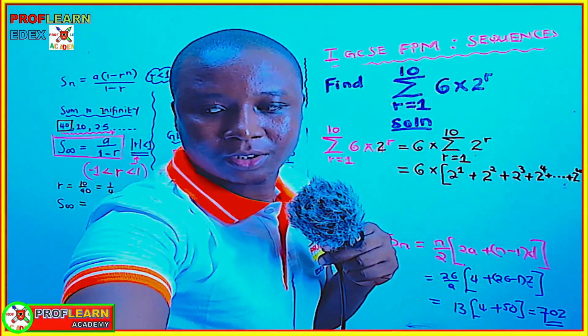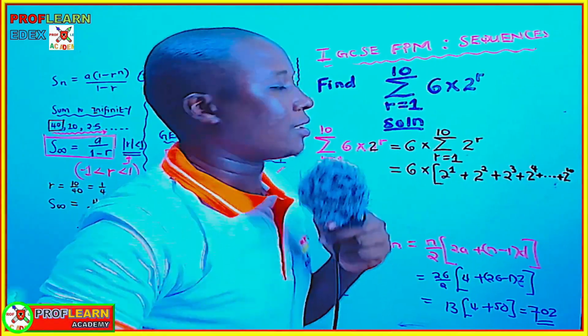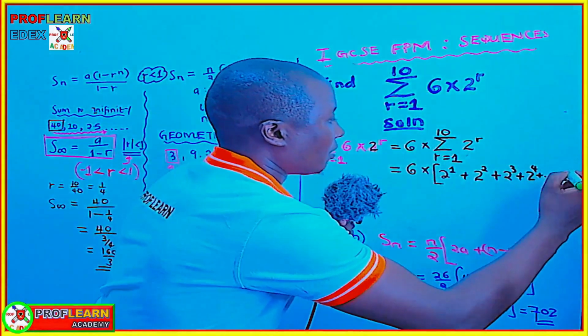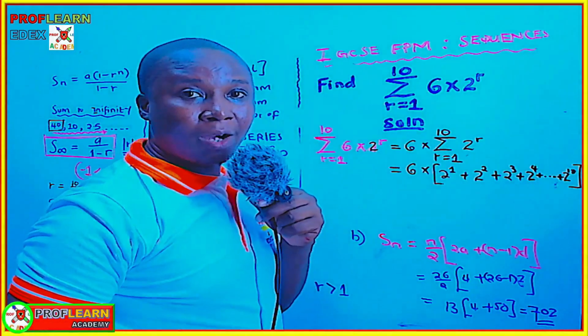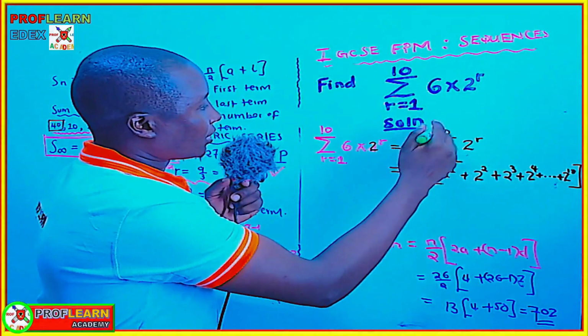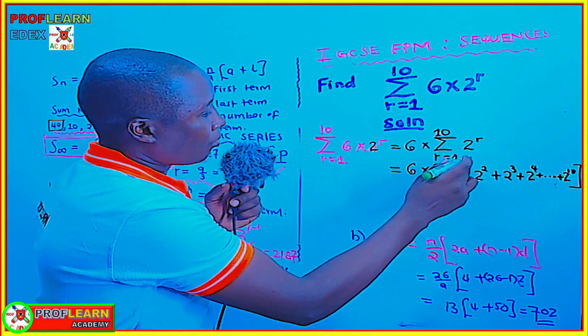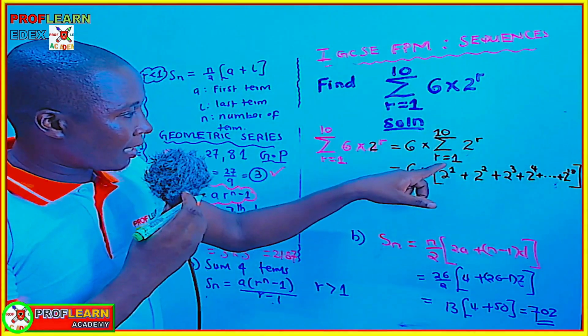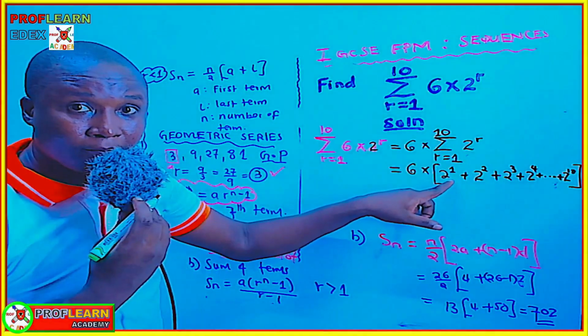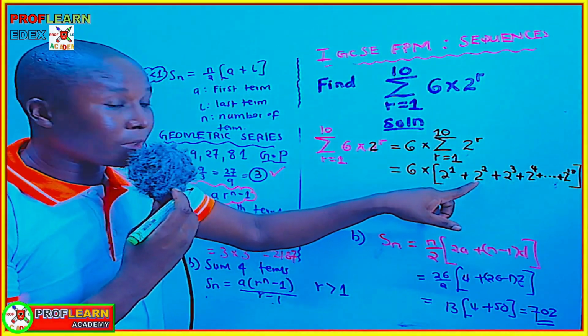Let me adjust this so that you can see. Yes, 2 raised to power 10. Now that is going to be our last term, because we are starting from r equals 1 all the way to r equals 10. So when r is 1, this becomes 2 raised to power 1. When r is 2, 2 raised to power 2.